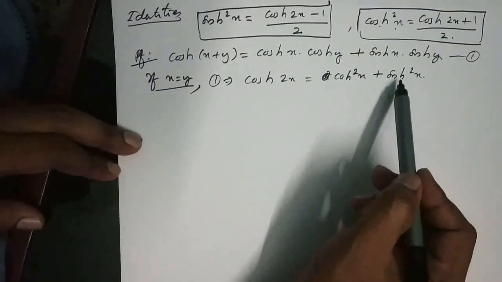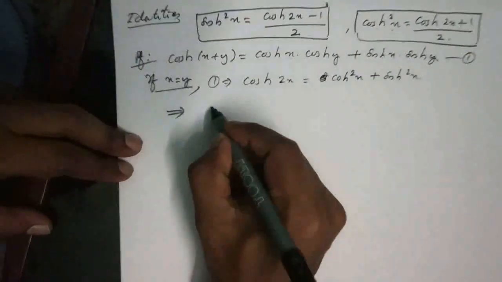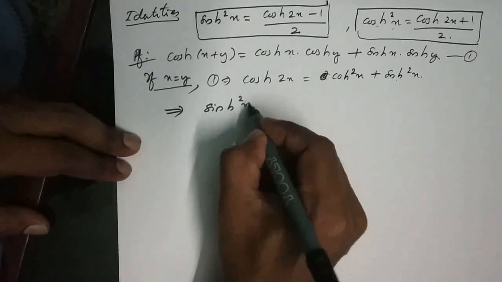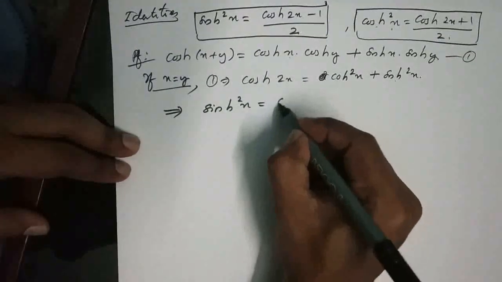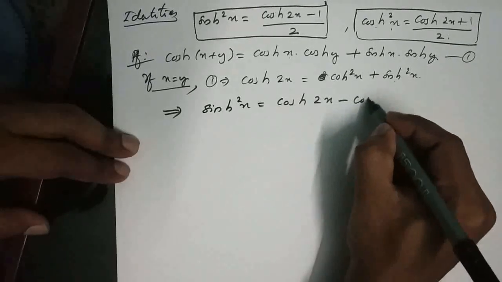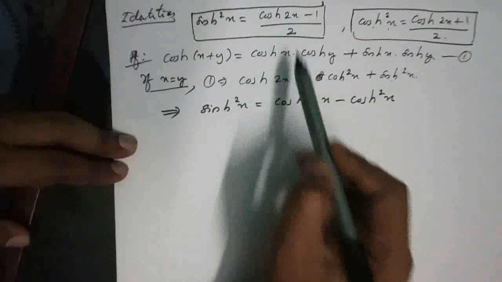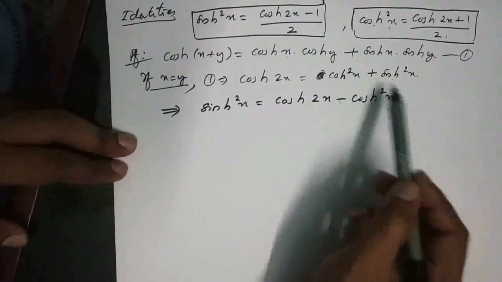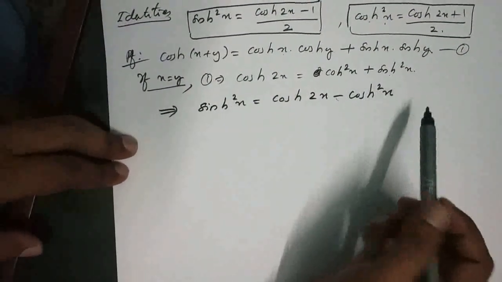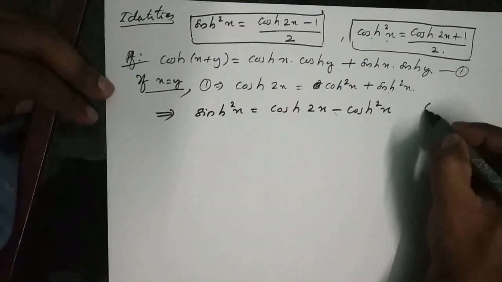So first of all we can find sinh square x. From this we get sinh square x is equal to cosh 2x minus cosh square x. So to get this, here is cosh 2x and we have to eliminate this cosh square x. So for that we have the identity what?